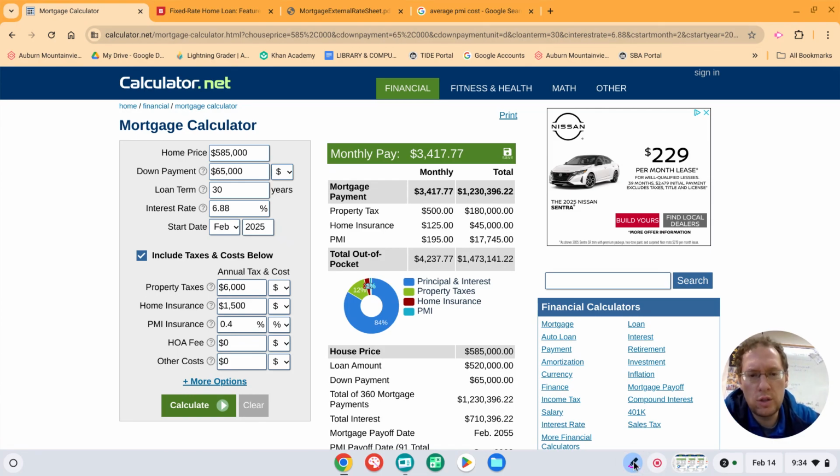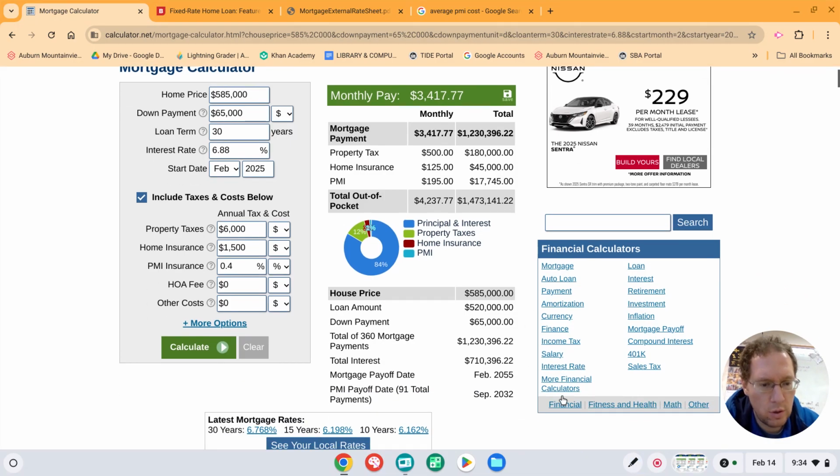Because I don't want you to pay an extra, where is it, guys? Look at this. There's so much good stuff here, guys. You've got to do this. Your house price. You borrowed $520,000. The bank is charging you $710,000 of interest. We want to bring that down, okay?